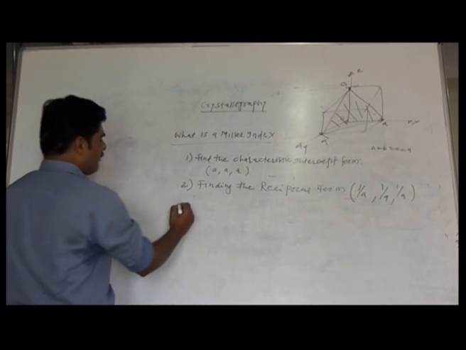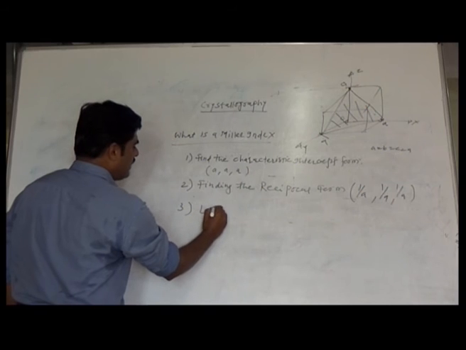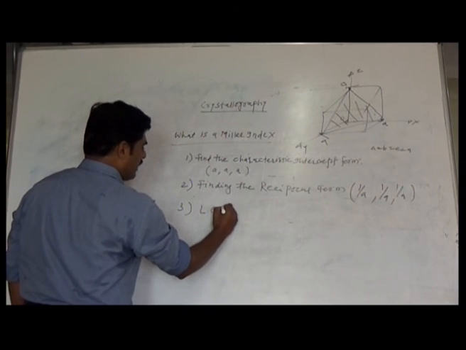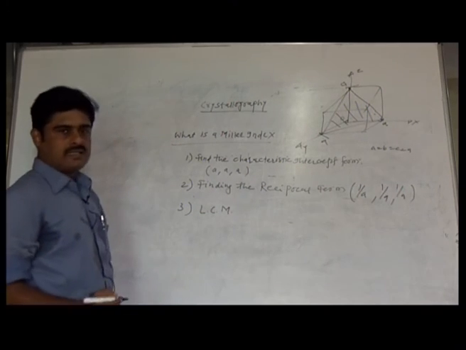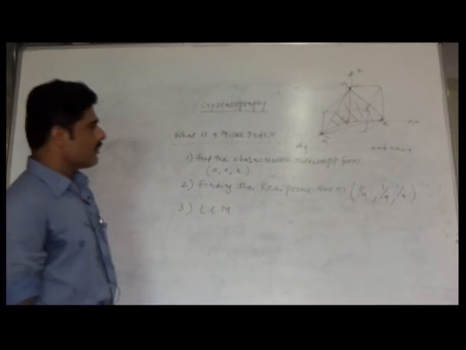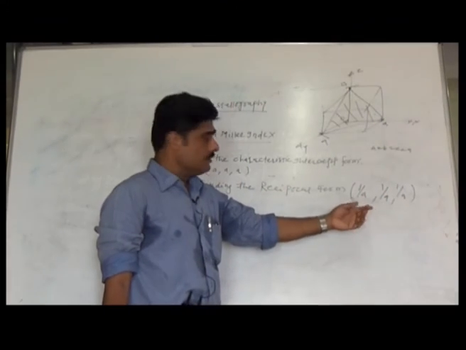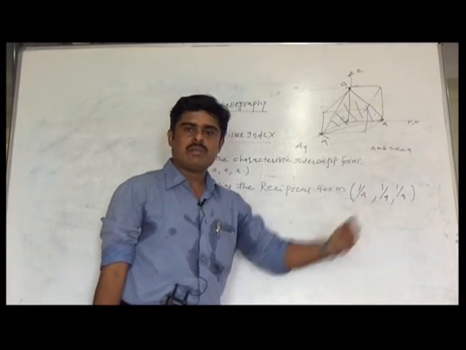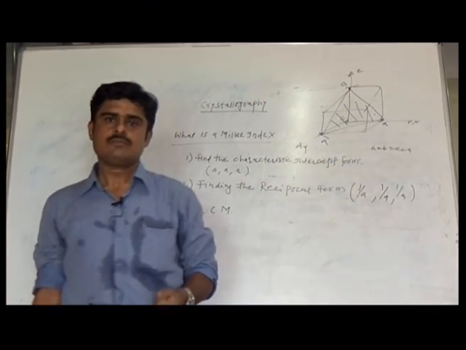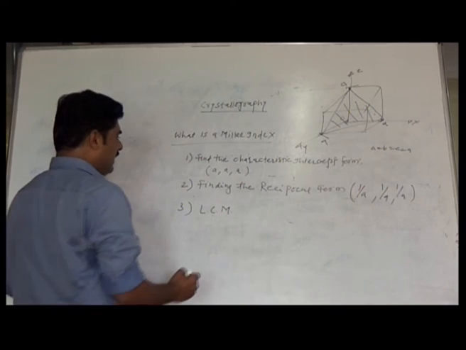In the third step, we need to find the least common multiple, LCM. Now these are the three figures with me, 1 by A, 1 by A, 1 by A. What will be the LCM? Of course, A will be my LCM.